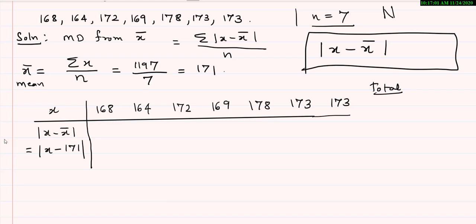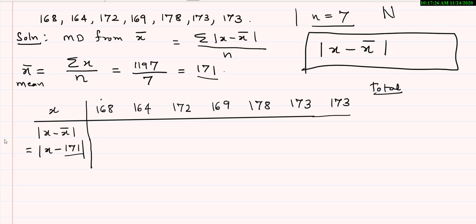So I am going to take the difference between x and x bar, that is 171. 171 is my x bar value, we have already calculated it. So take each value of x here and find the difference between 171 and that number. If the answer is positive, write it as it is. If the answer is negative, forget the negative sign and write the answer.